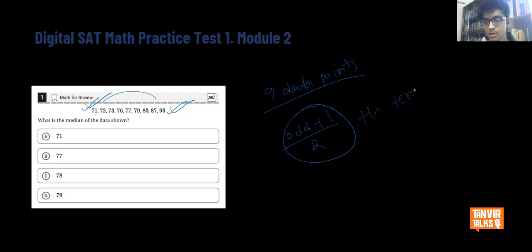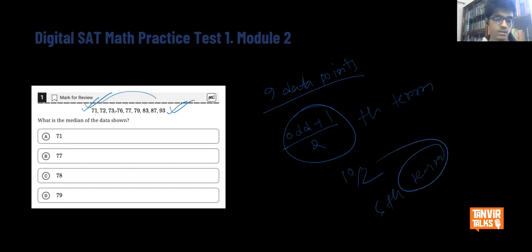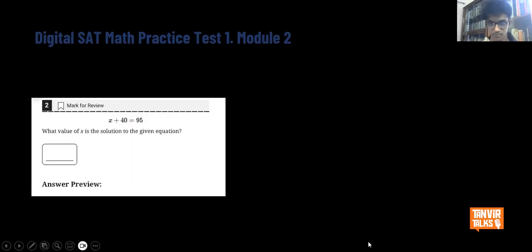That term will be our median. So 10/2, the fifth term, is our median. It's the fifth term of this data set: 1, 2, 3, 4, 5, 77. So that's the answer.